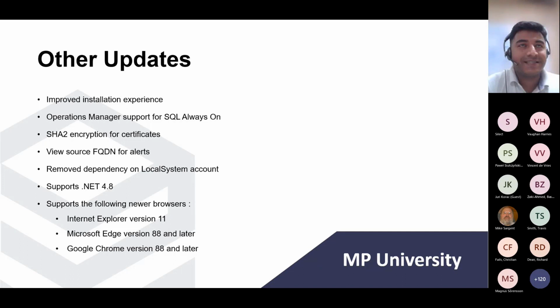You can see more details on the management pack tune alerts, a tune management pack, sorry. Remove dependency on local system account, support for .NET 4.8, and of course the web console, which is available in SCOM, can now work on the latest versions of browsers, right? IE11, Edge 88 and later, and Chrome 88 and later.